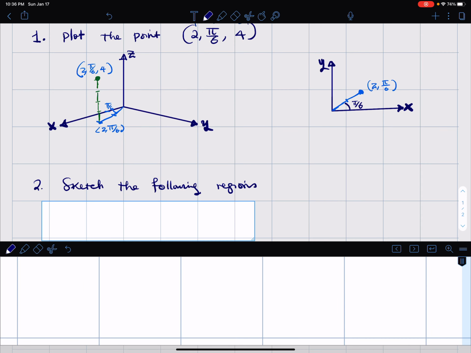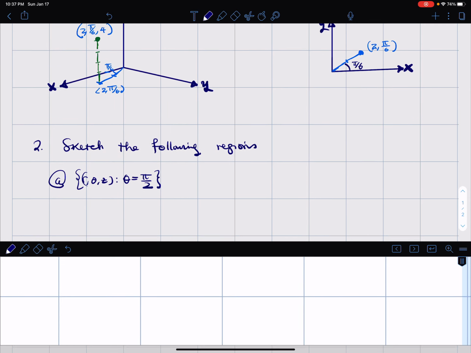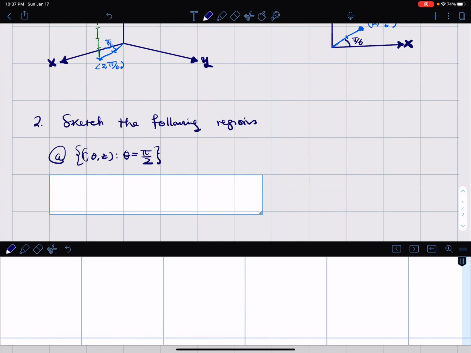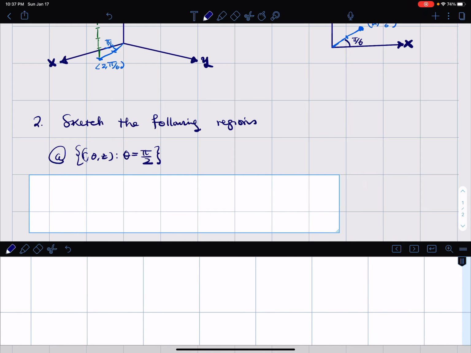The first region is the set of (r, theta, z) such that theta is equal to pi over 2. There's no restriction on r and no restriction on z. The only restriction is on theta. That makes our job a little bit easier.